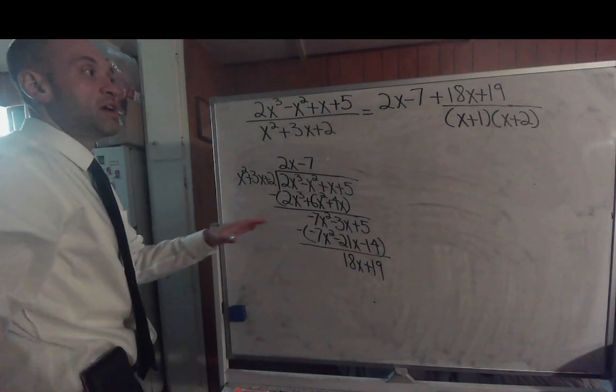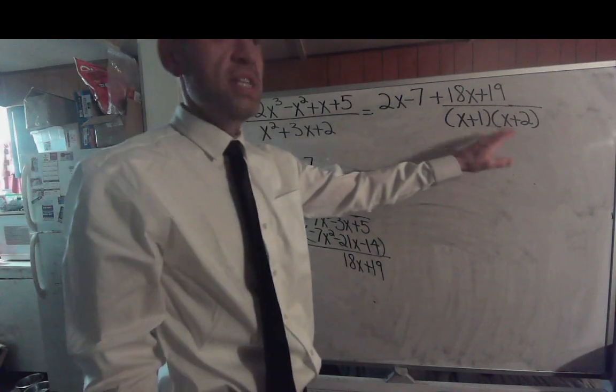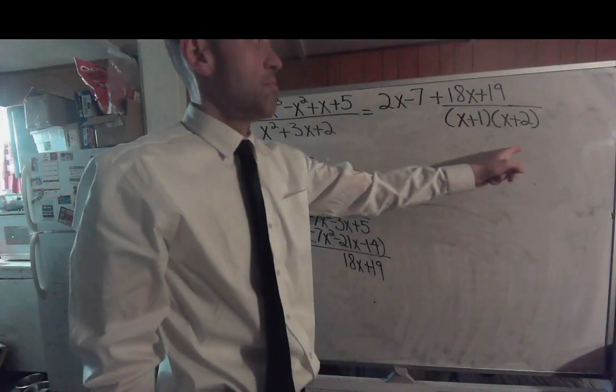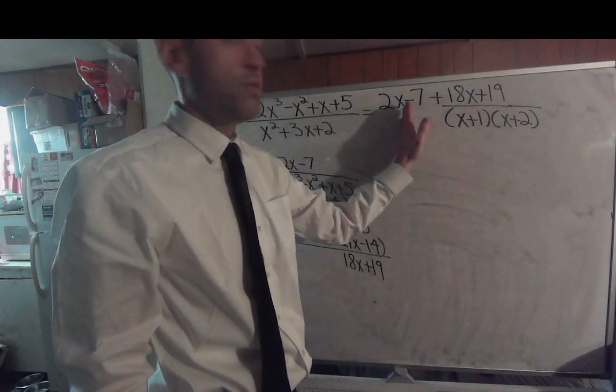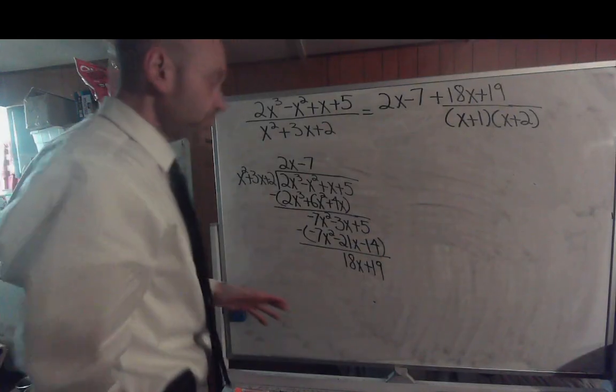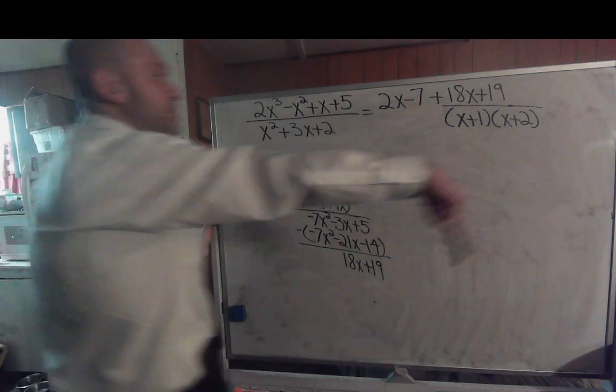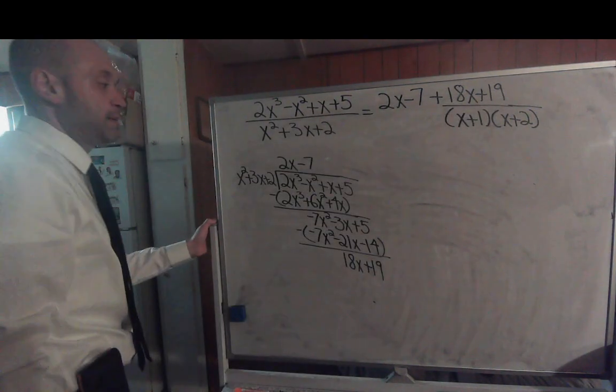All we have to worry about now taking the partial fraction decomp of is going to be the remainder. That's all we have to worry about. The other two terms are good. We only have to worry about taking the partial fraction decomp of the 18x plus 19.